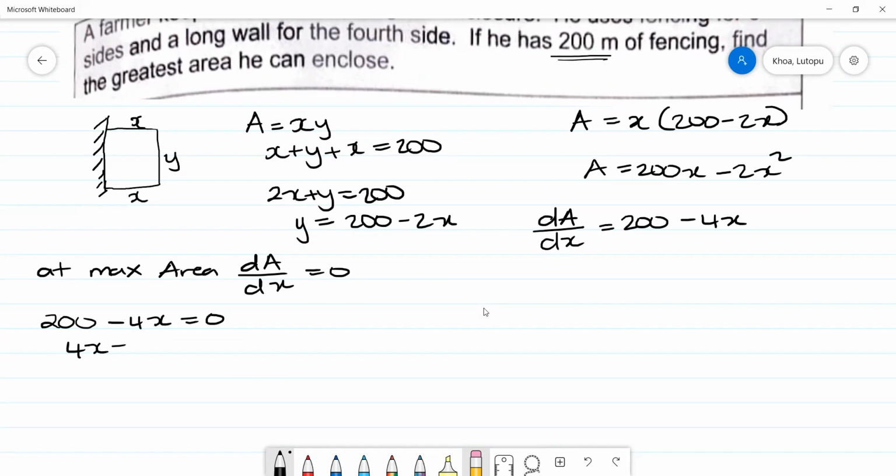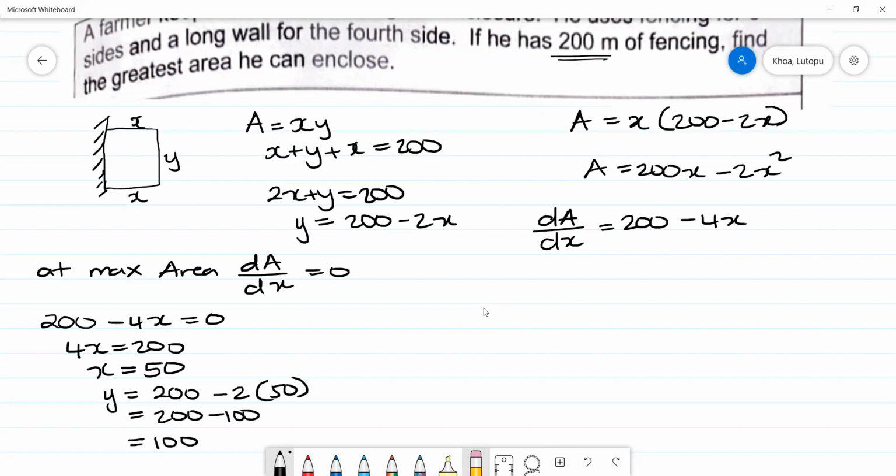So 4x is equal to 200, and this means that x is equal to 50. Okay, so if x is equal to 50, this means that y is equal to 200 minus 2 times 50. So this is 200 minus 100, which is 100.